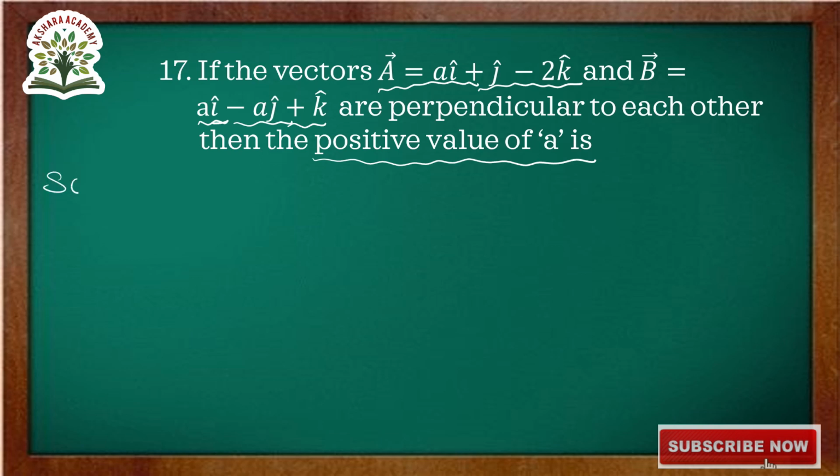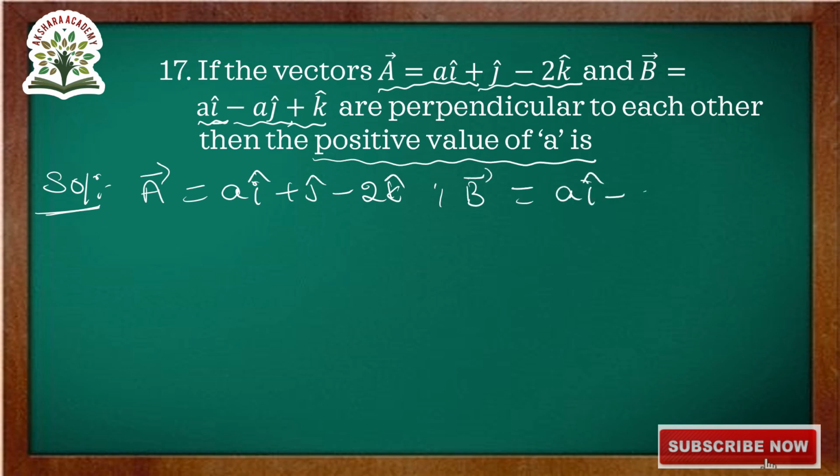Now let us go to the solution. Given a bar is equal to a i cap plus j cap minus 2k cap and the given b bar is equal to a i cap minus a j cap plus k cap. Here these two vectors are perpendicular to each other, then its dot product is equal to 0.